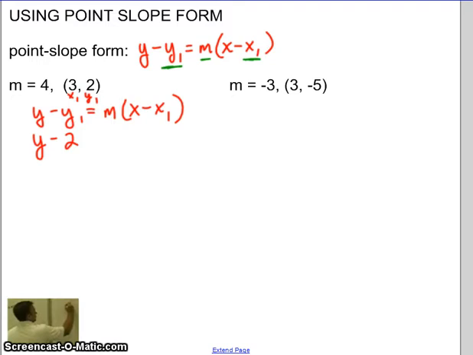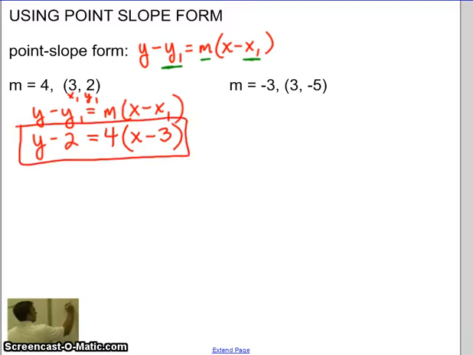So we sub that in for y1. It's going to be y minus 2 equals m, which is 4, times x minus x1, which is the x-coordinate for the point we get, which is 3. And that's all we have to do for this part, just sub in the values.